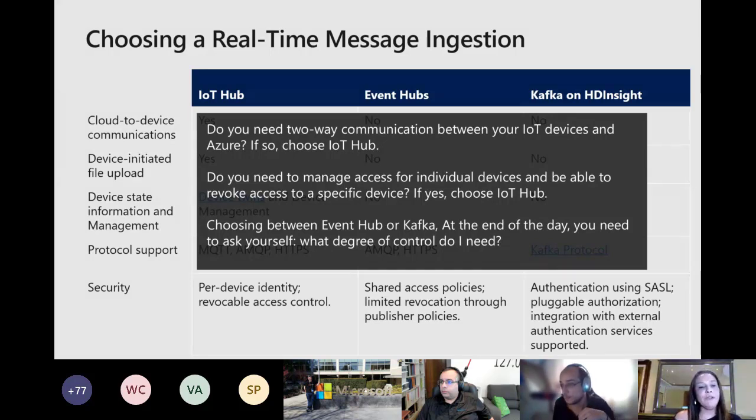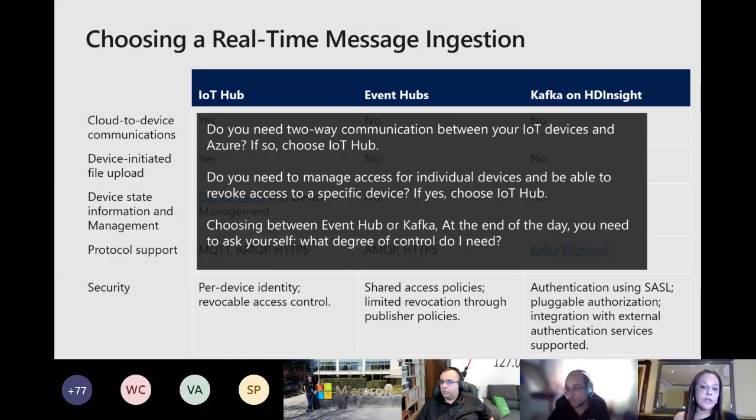So we have three main questions that we need to ask ourselves when we are defining the architecture. First, do you need two-way communication between your IoT device and Azure? If so, you should use IoT Hub. Do you need to manage access for individual devices and be able to revoke access to a specific device? If yes, IoT Hub.